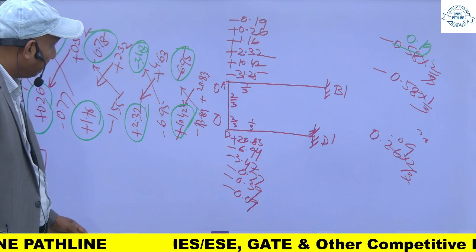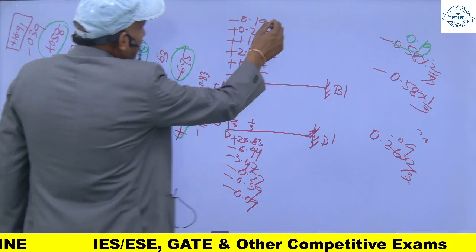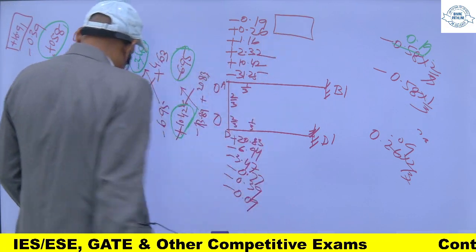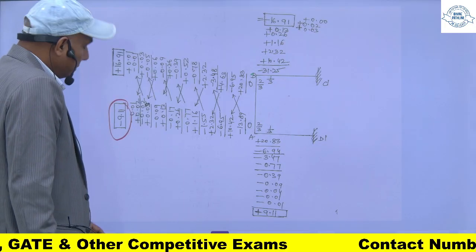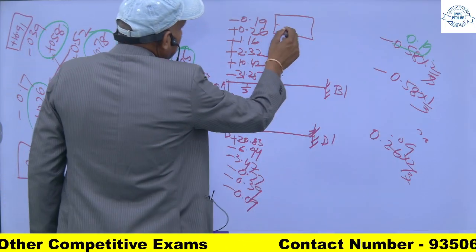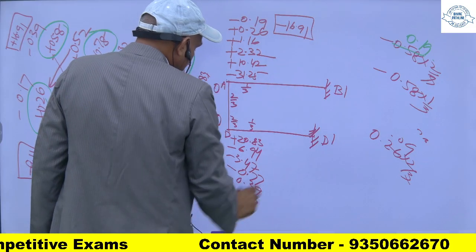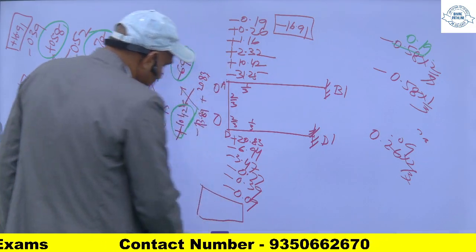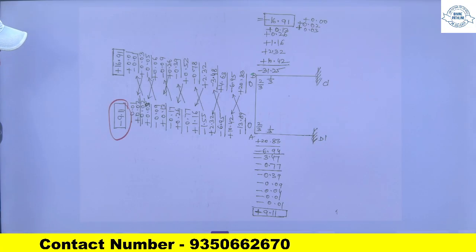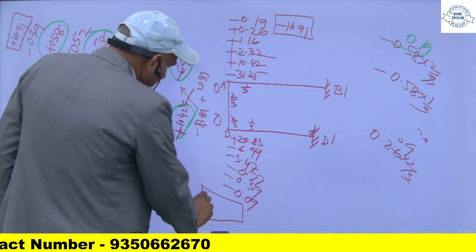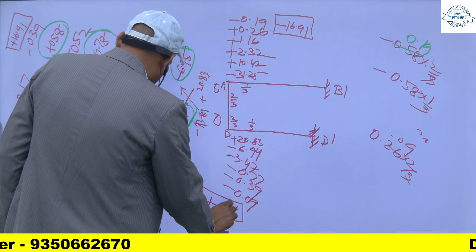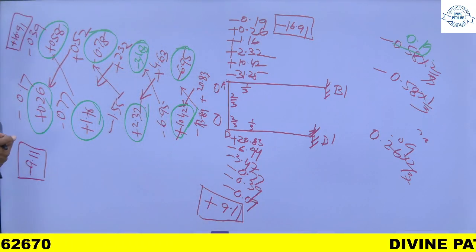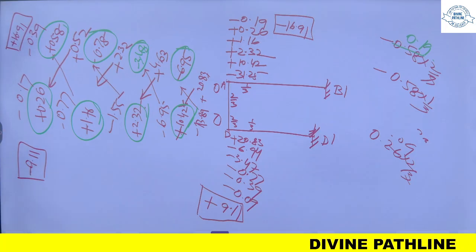And sum of this will be minus 16.91 and sum of this is plus 9.11. So now this is complete.